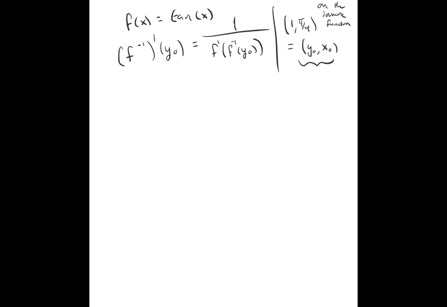To do this, we're going to need f prime. So f prime of x is secant squared of x. I don't like working with secant so much, so if we remember from our trig, this is the same thing as 1 over cosine squared of x.